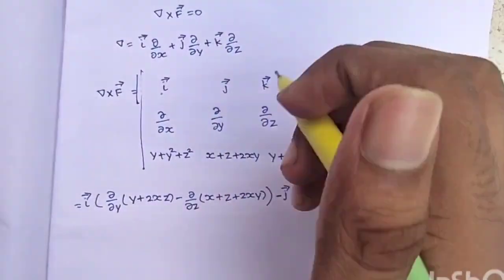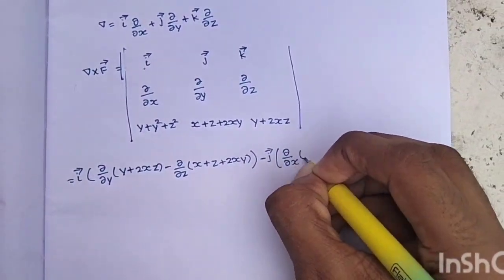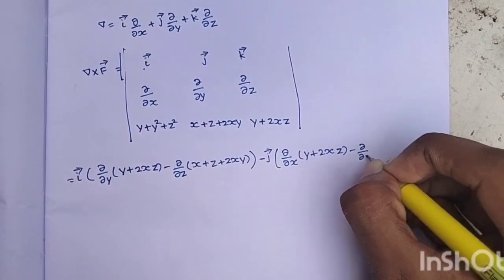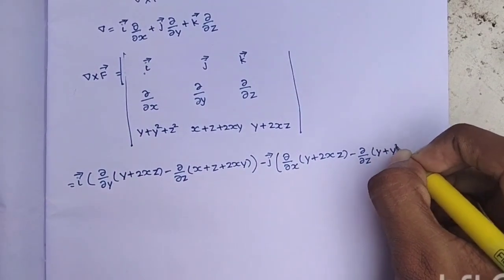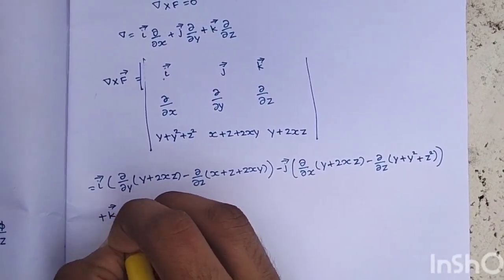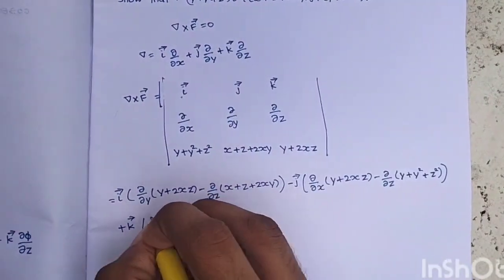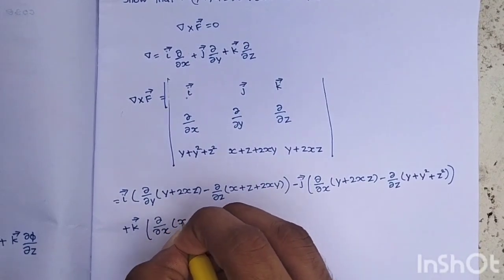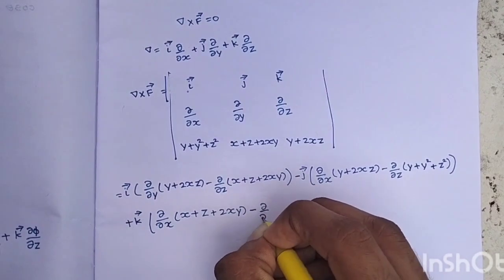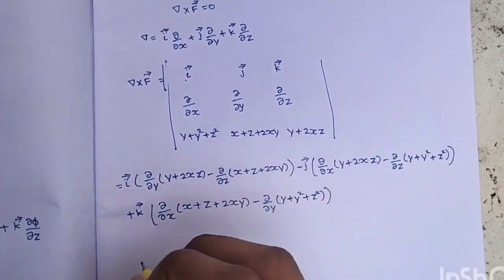Close this j vector and write the components of i and k, dou by dou x of y plus 2xz minus dou by dou z of y plus y square plus z square, plus k vector of: close this k vector and write the components of i and j, dou by dou x of x plus z plus 2xy minus dou by dou y of y plus y square plus z square.